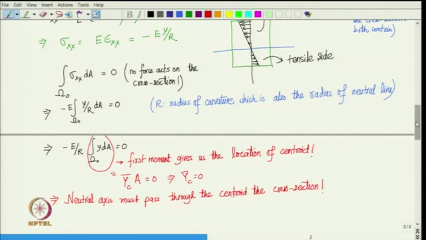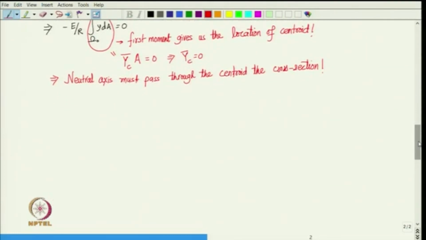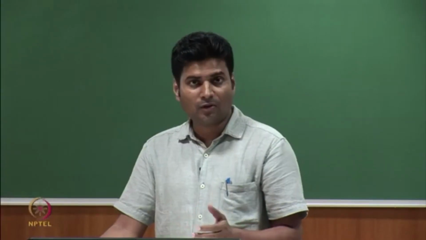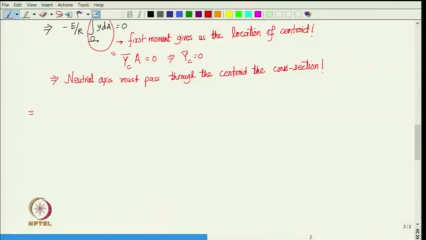Okay. So, we got at least one unknown worked out, the location of the neutral axis. We still have another unknown, that is the radius of curvature. So, the radius of curvature is still an unknown.